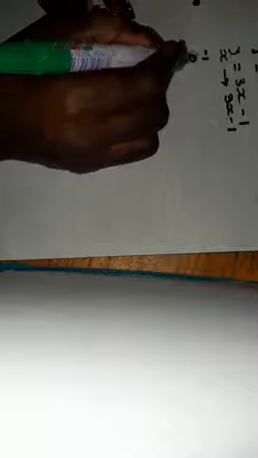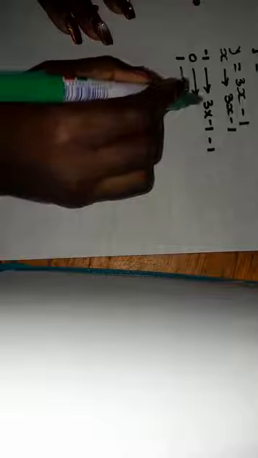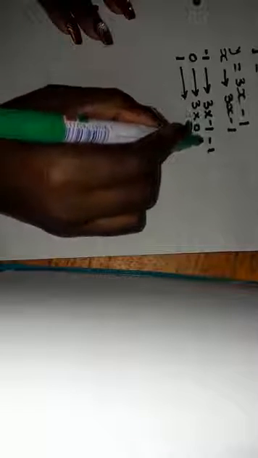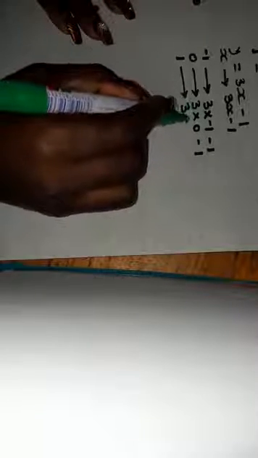Our values of x: -1, 0, 1. Then 3 times -1 minus 1, 3 times 0 minus 1, 3 times 1 minus 1.